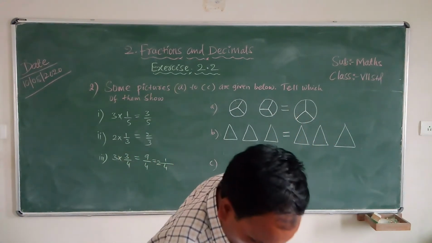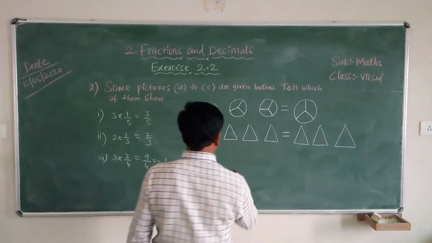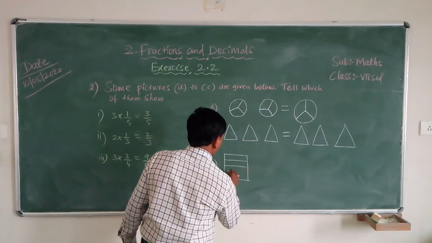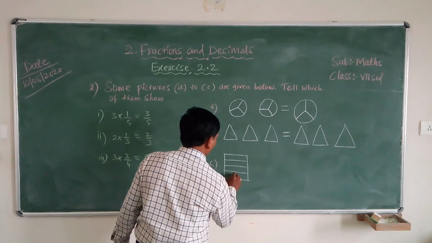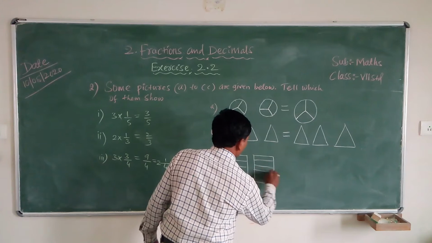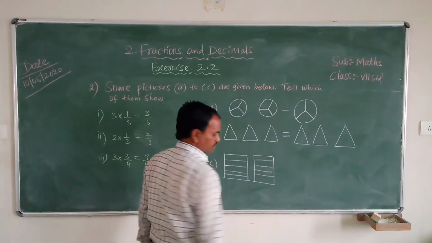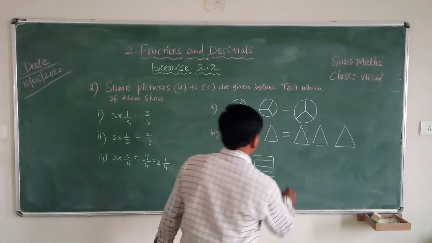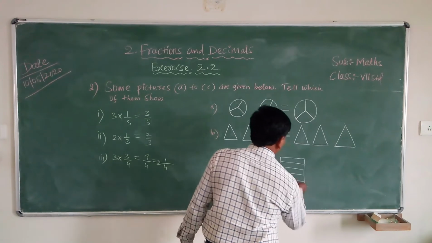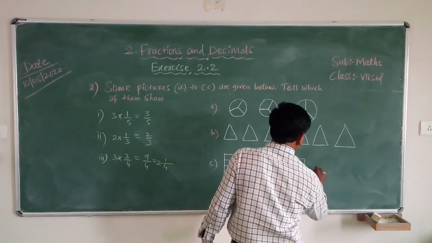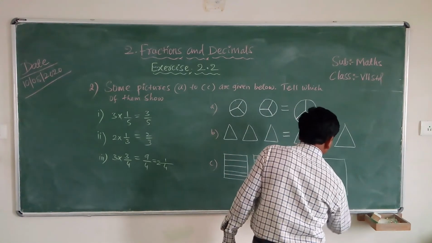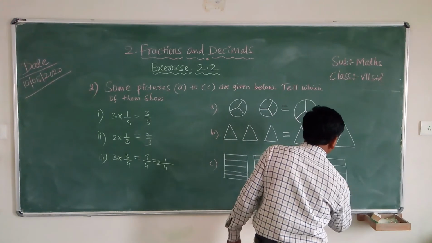Then 1, 2, 3, 4, 5. 1, 2, 3, then 1, 2, 3, 4, 5. 1, 2, 3, 4, 5 is equal to 1, 2, 3, 4, 5.